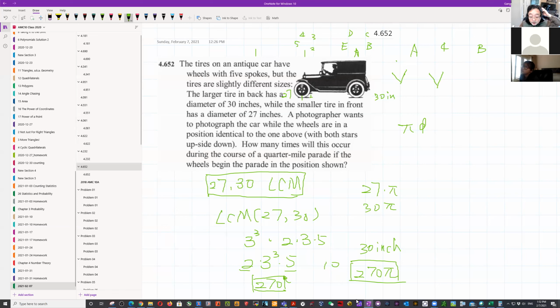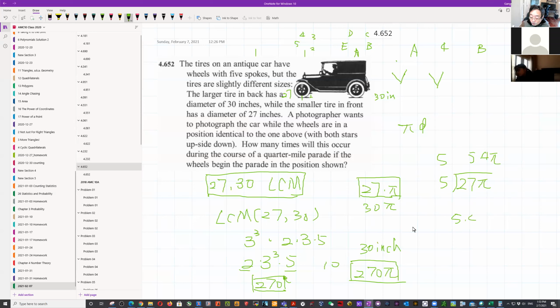So basically that's the big cycle. Then we will try to see within the big cycle how many ways both will be pointing tip down. For the small front wheel, there are 5 positions. A complete cycle obviously works, but the extra positions are 27 pi divided by 5, so 1/5 of the complete cycle is 5.4 pi.